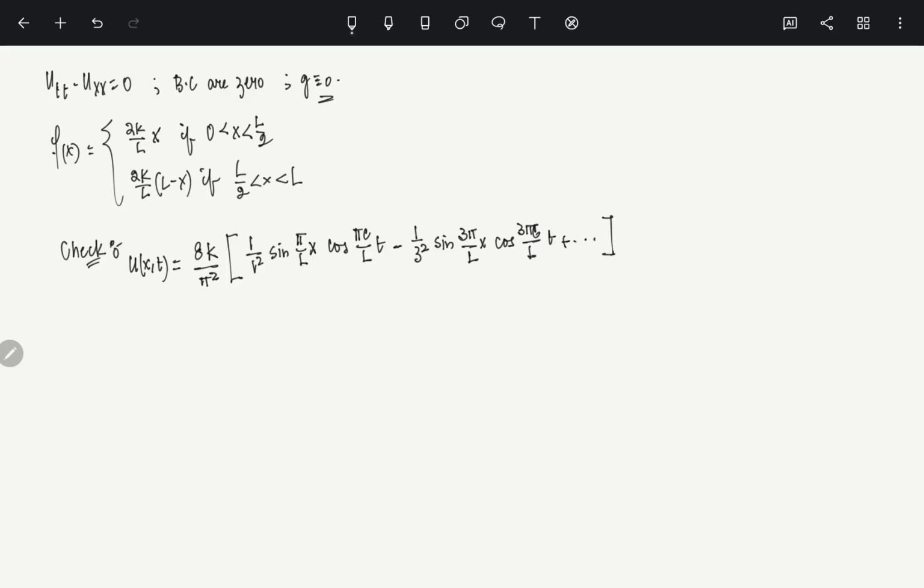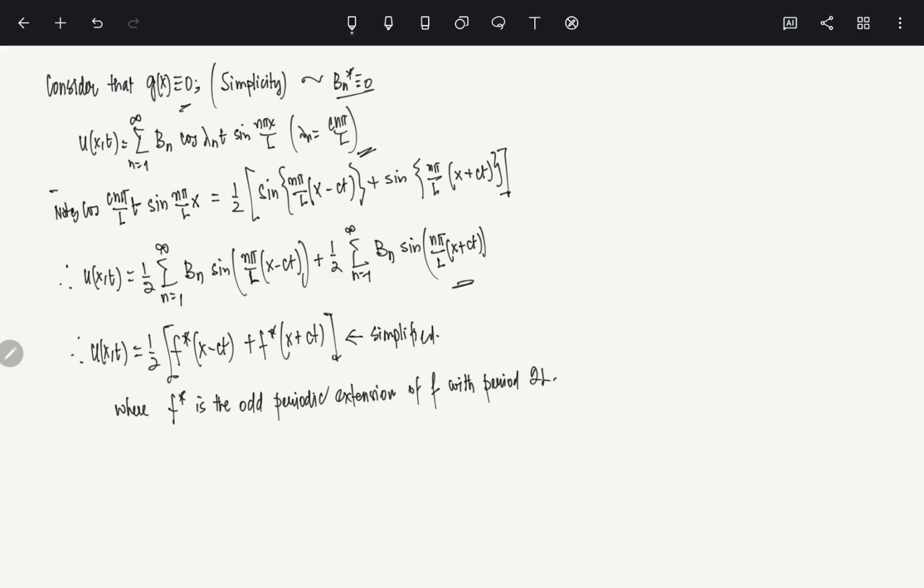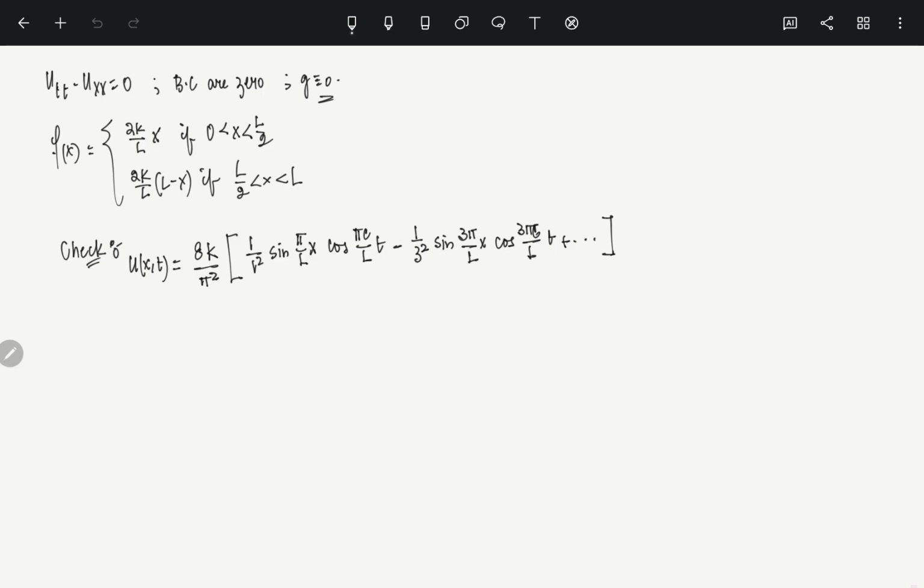So this is your solution in this case. Here it's an infinite series, of course, but here we are just writing that series, and that is going to be your solution.